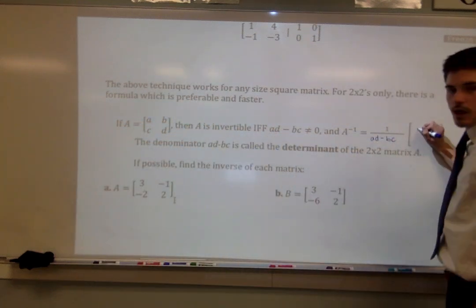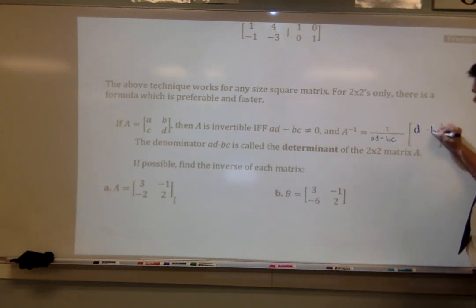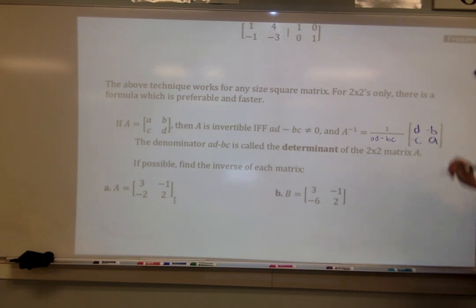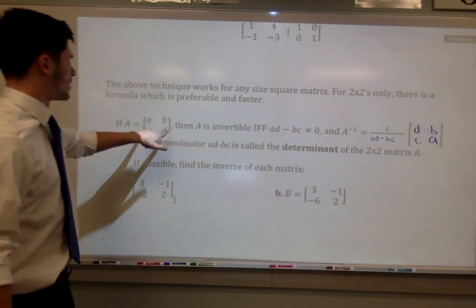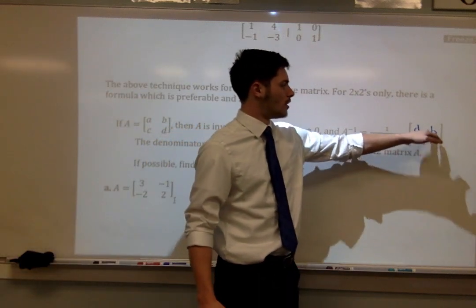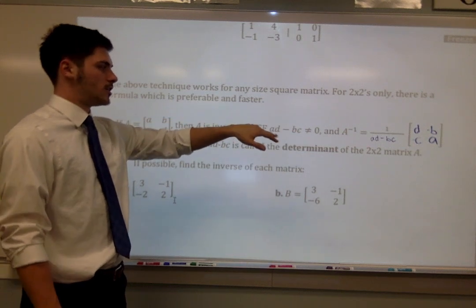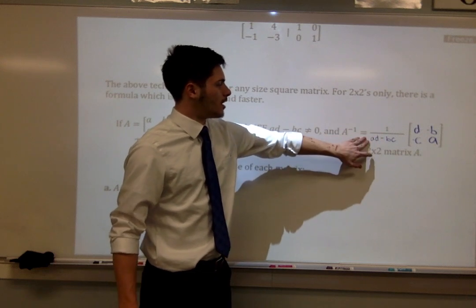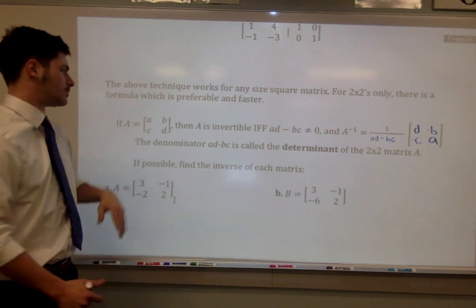So that's going to be D, negative B, negative C, and A. So we'll take that denominator and we'll multiply it by the same terms, but with some of them we'll flip them, we'll change their order up. But if we can memorize the D, negative B, negative C, A somehow, then once we find the denominator of this, we can find the inverse of the original matrix.